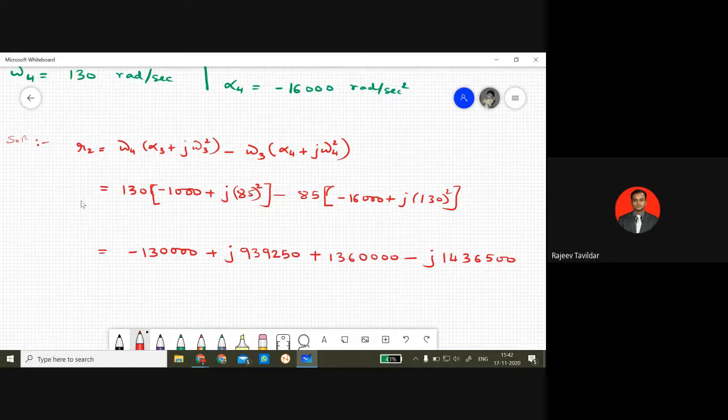This is the equation you are getting. So if I simplify this, I'll get 1 2 3 4 zeros minus j into 497250. So this is what I'm getting R2 as. I hope all of you are getting this answer.